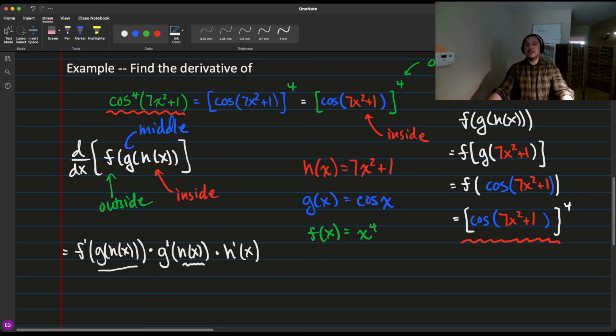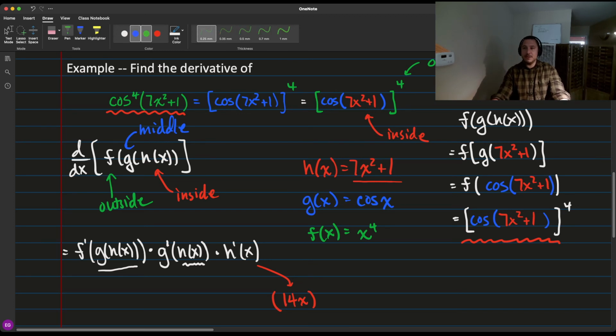So now let's work backwards. We need to know what's the derivative of h. Well, h is 7x squared plus 1, so what's h prime? H prime is 14x.